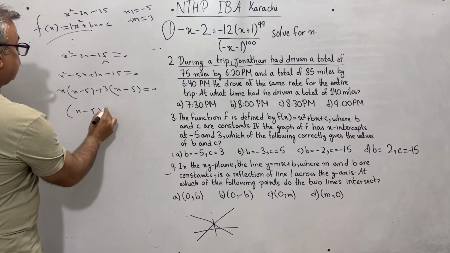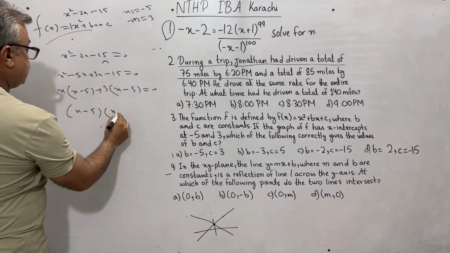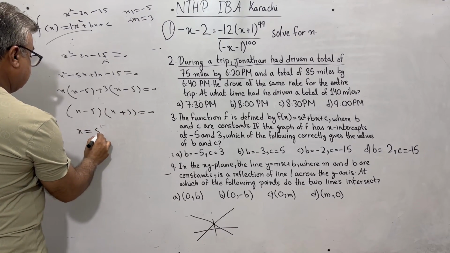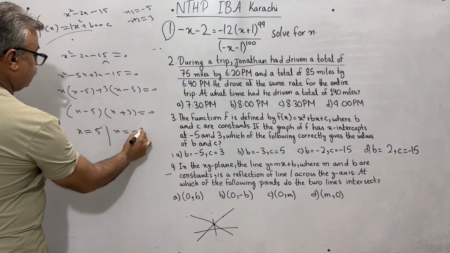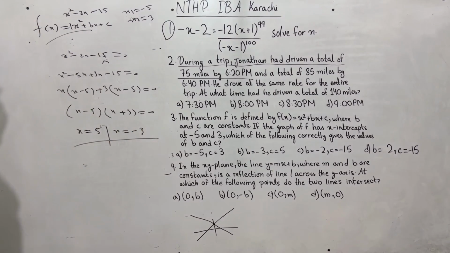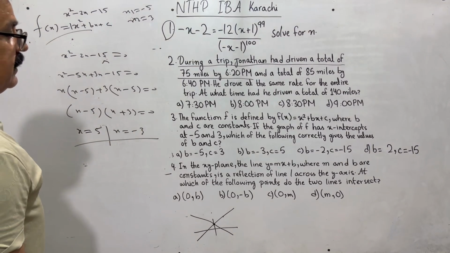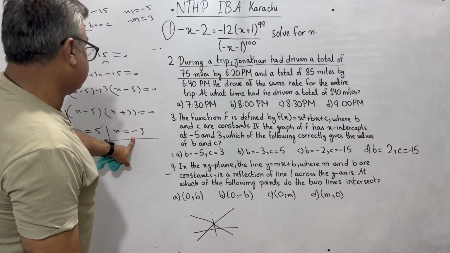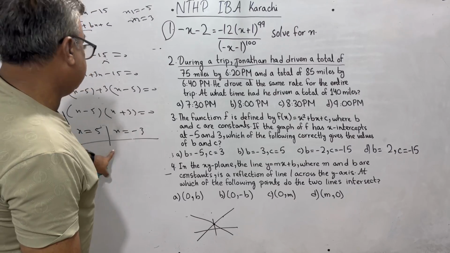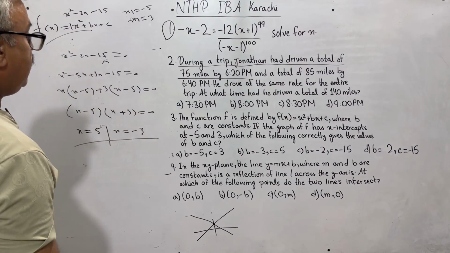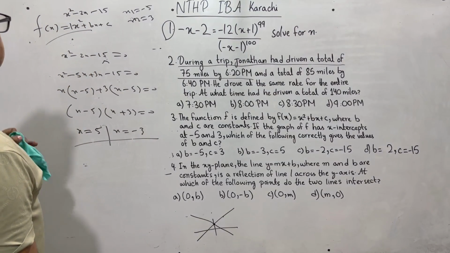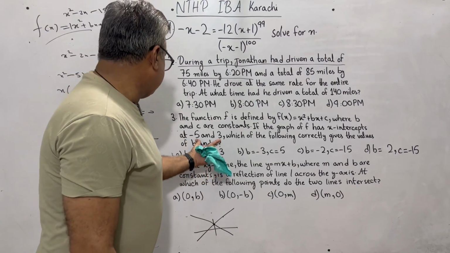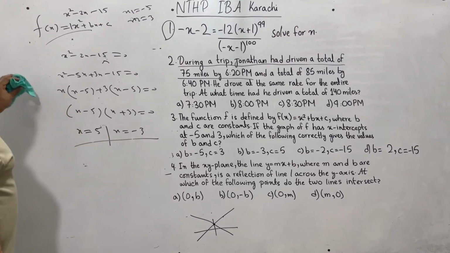We are going to get x is equal to 5 and x is equal to -3. The sign is reversed in that case, or b is -3 and c is 15. What are the roots given in the question? -5 and 3. So that is not the case.